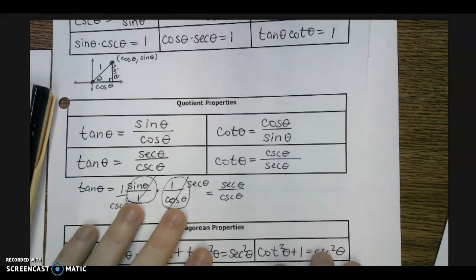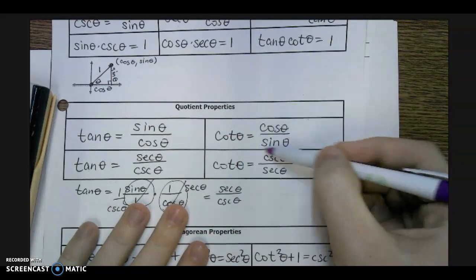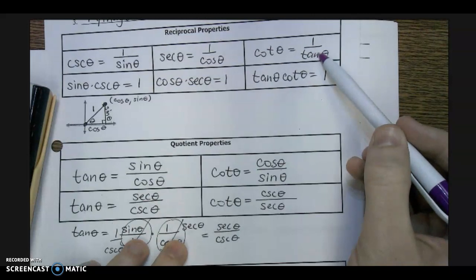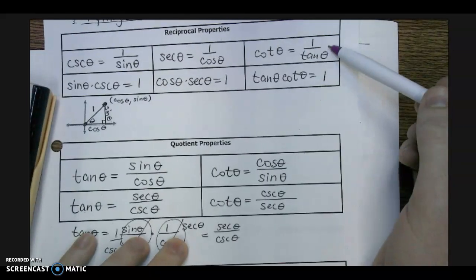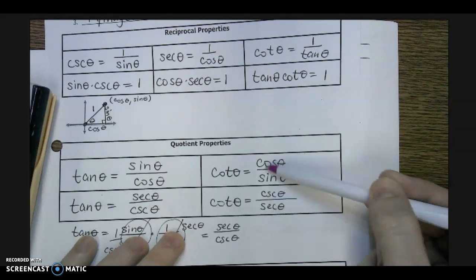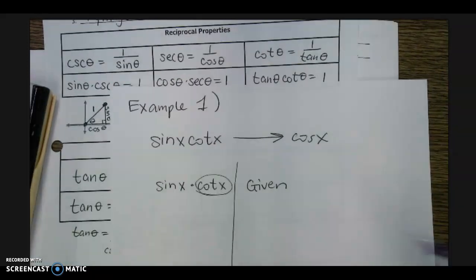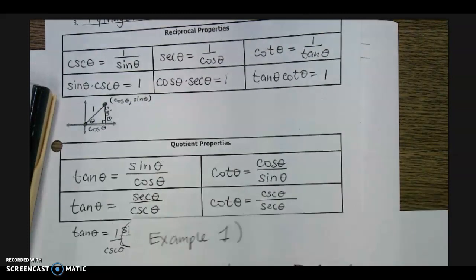Looking at my options, I've got cotangent here, and another cotangent there, but I want cosine at the end. So I don't want those, there's no cosine in them. That's why I'm choosing cosine over sine. So I'm going to take cotangent and substitute in cosine over sine instead.